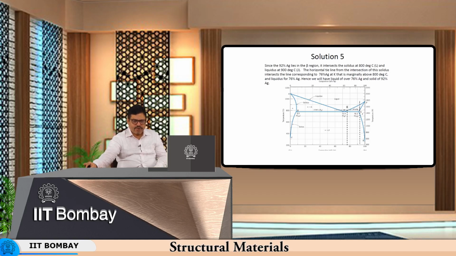Now, the composition of the alloy can be anything between these two, because then the relative percentages of beta and liquid at various temperatures will vary.